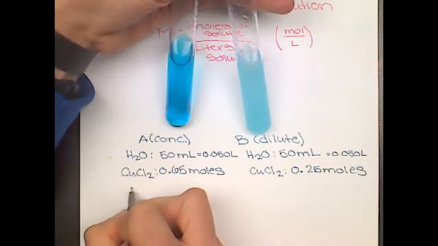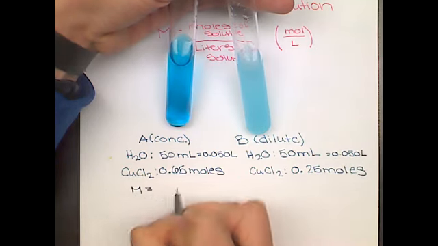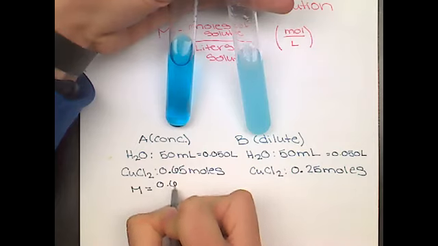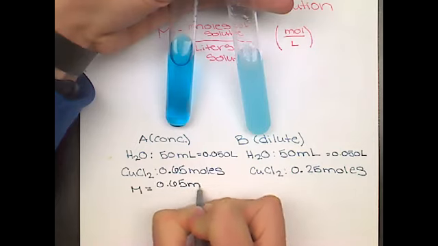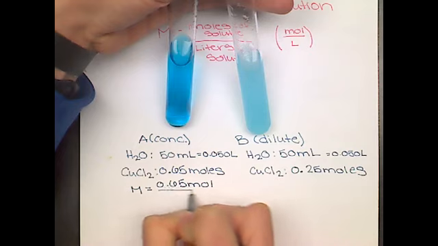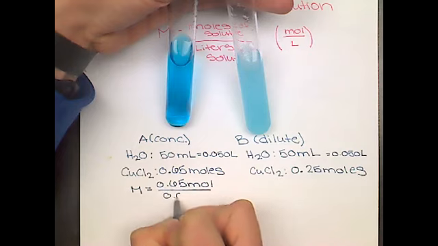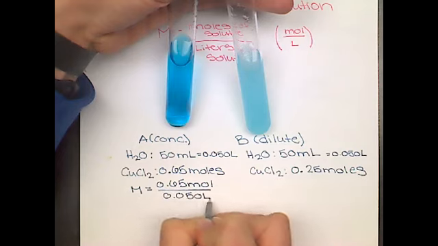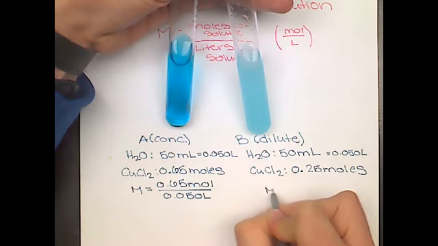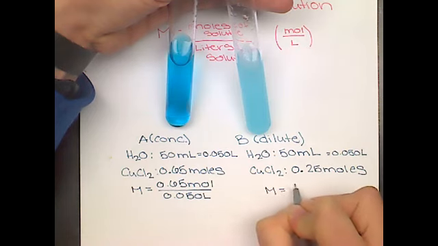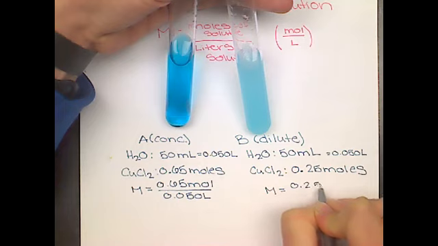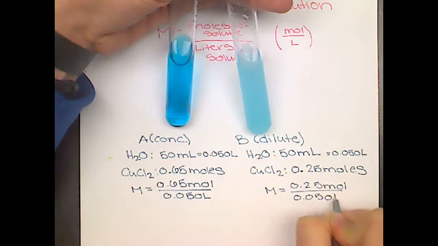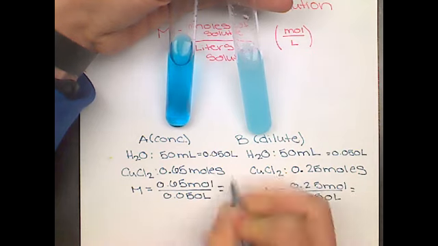When I put this into my formula, molarity equals the moles of my solute, copper chloride, divided by 0.050 liters. I'll do the same thing over here: molarity equals 0.25 moles divided by 0.050 liters.